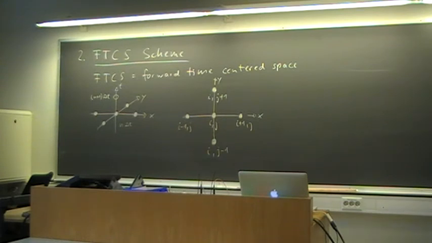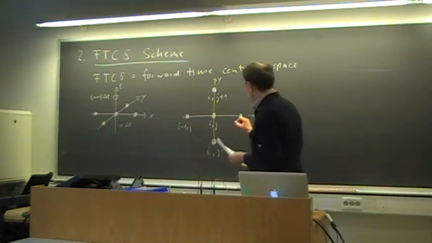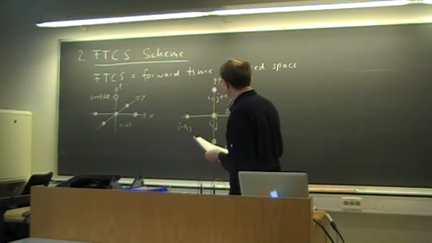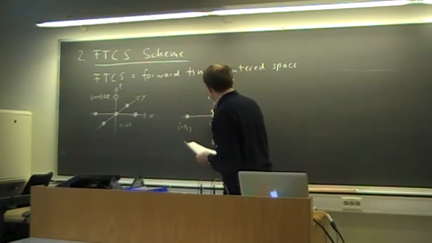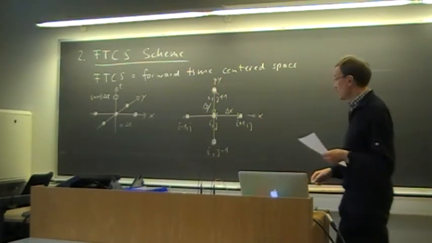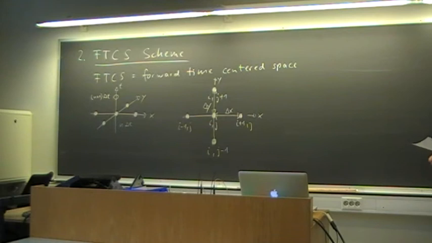And the grid spacing that we have in the x direction, that is delta x, and the grid spacing in the y direction, that is delta y. We assume that they are constant. They can be different, but they are constant.